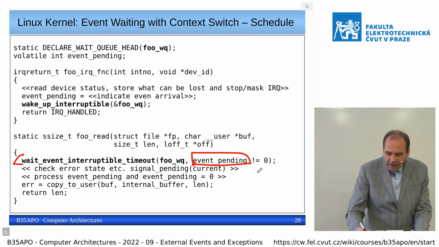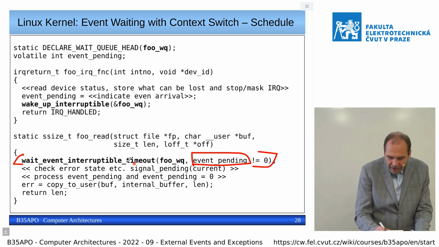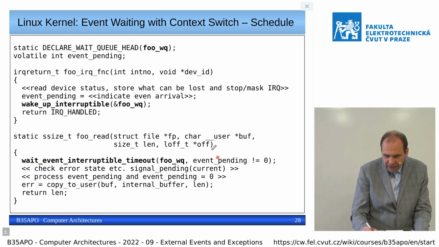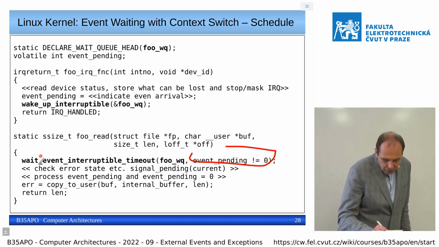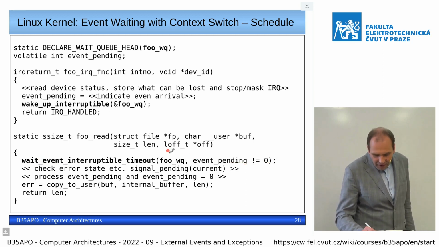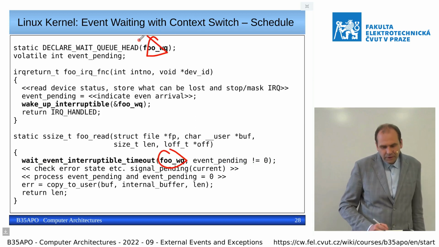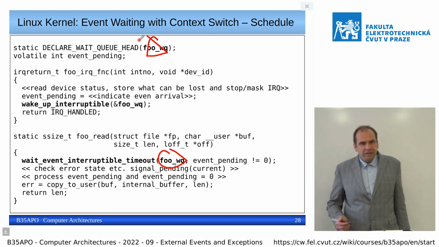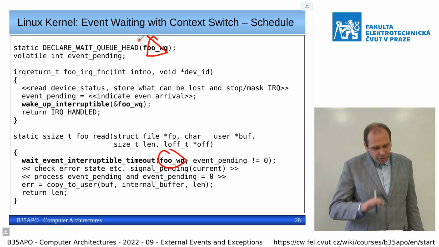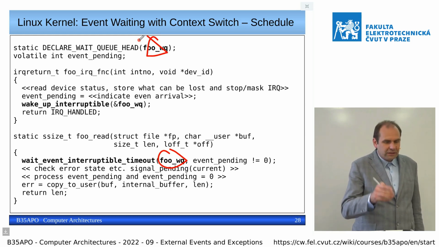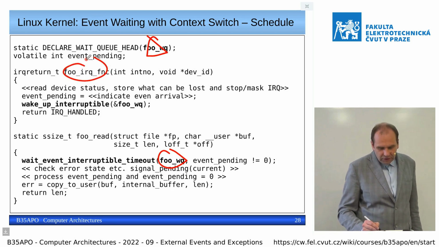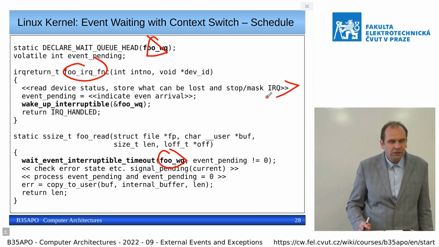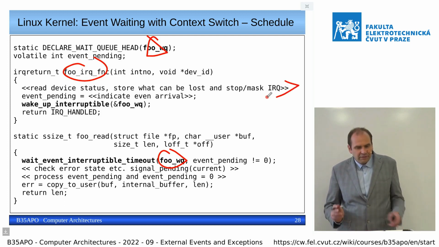So if the data are not available, we want to wait for the event. So this is a negative condition. When there is no event, then we want to wait. And we say we want to wait on this wait queue. And at the moment when a character arrives, through the interrupt processing, something like you have seen on the RISC-V, for example, this C function is invoked, and it stores the information that a given character has arrived, stores it somewhere, and so on.